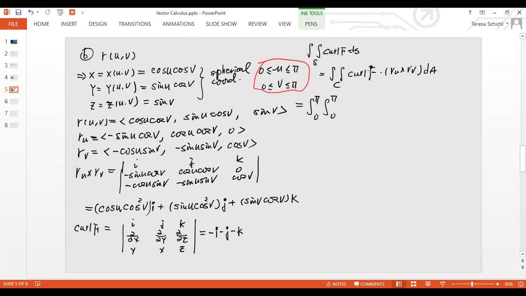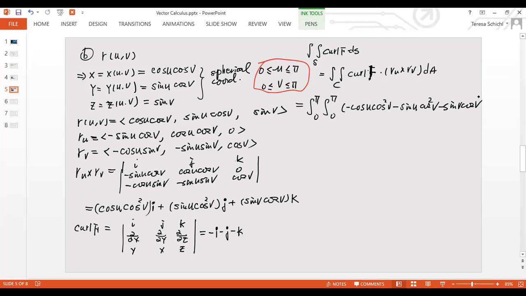So if you plug all these numbers in there, you will get negative cosine u cosine square v, minus sine u cosine square v, then minus sine v cosine v, right?